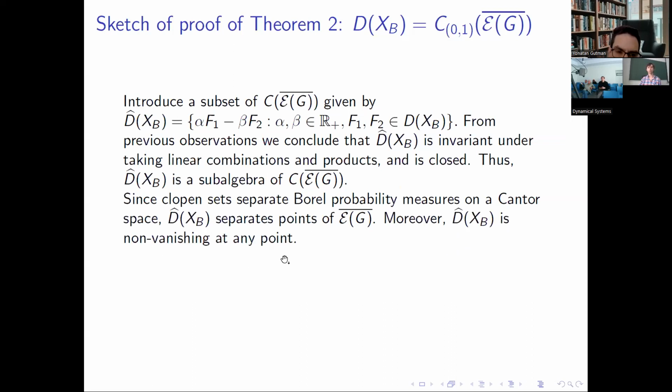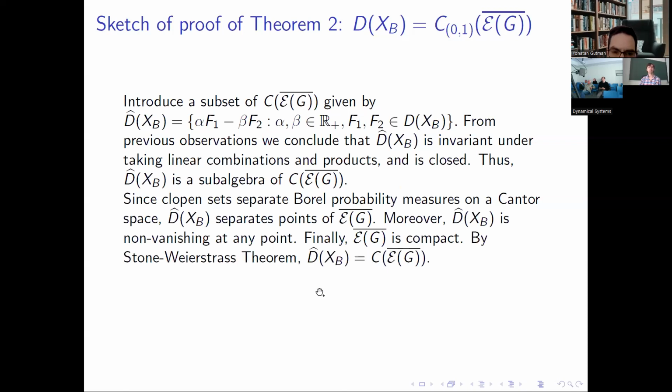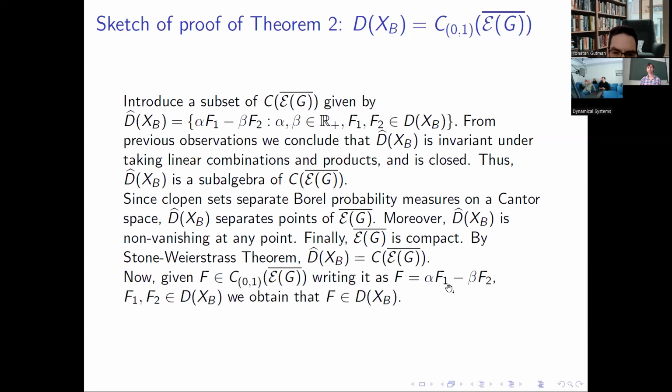Moreover, it is non-vanishing at any point, and the space of almost ergodic measures is compact, and so we can apply the Stone-Weierstrass theorem to conclude that this space of functions in fact coincides with all continuous functions on almost ergodic measures.